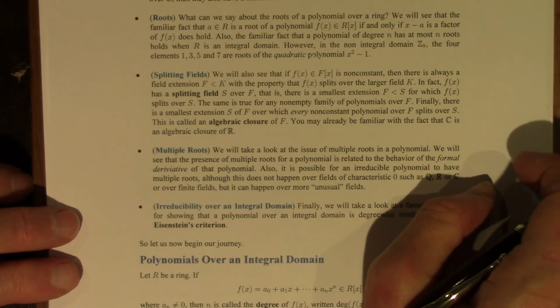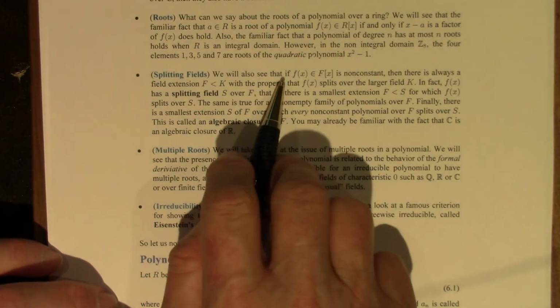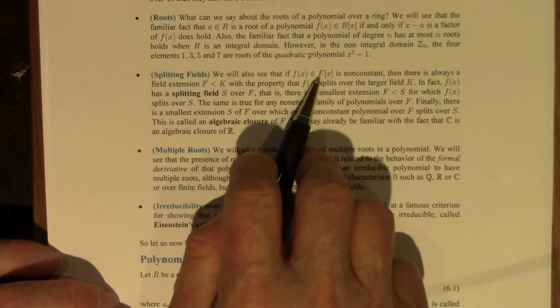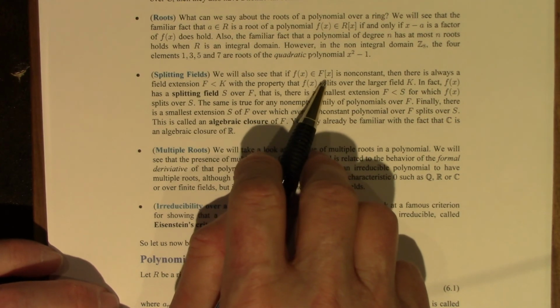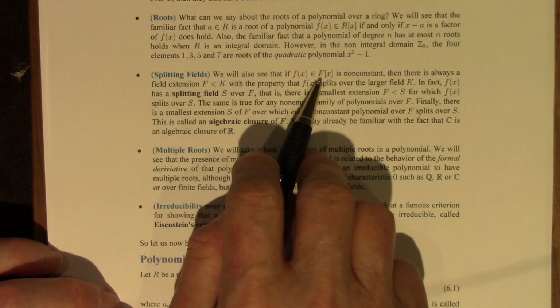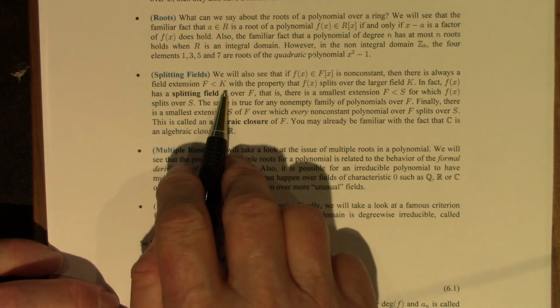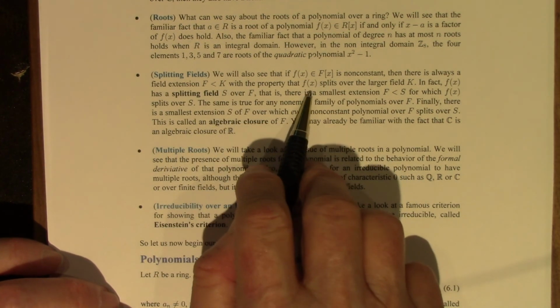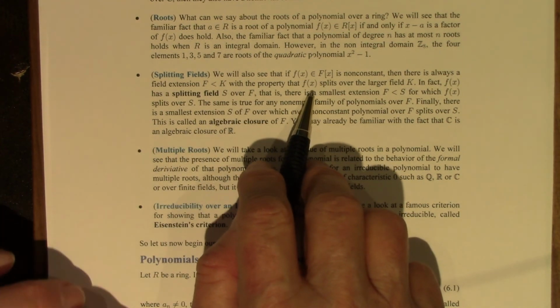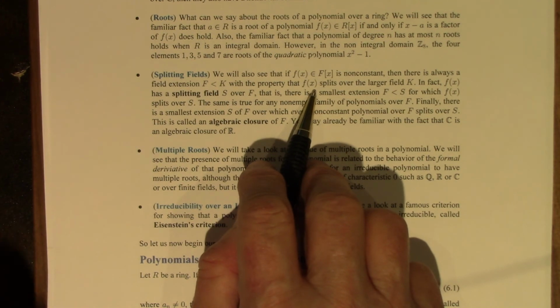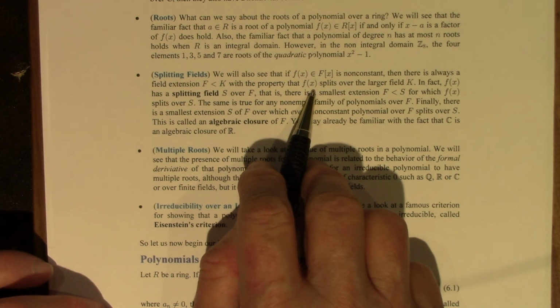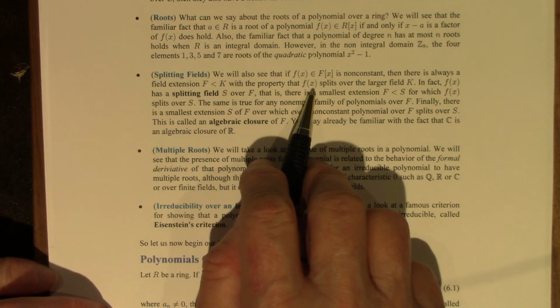Splitting fields. We will see that if f of x is a non-constant polynomial over a field F, there is always an extension of F with the property that the polynomial splits over that extension. Very famous result.